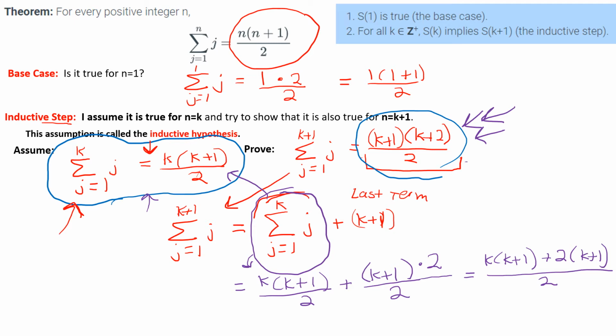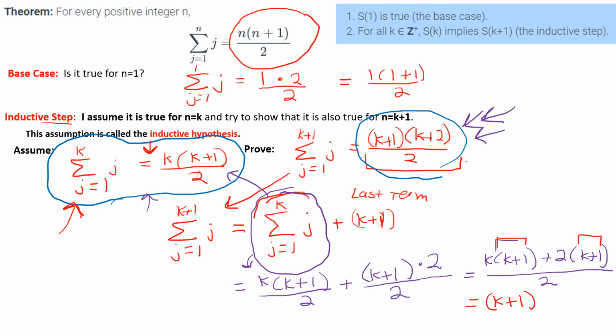Now, here's where some people might go ahead and multiply this out and then eventually have to factor. But look at this. We've got a common factor. K plus 1 is there and k plus 1 is here, right? So that means that on the top, I can factor out a k plus 1.